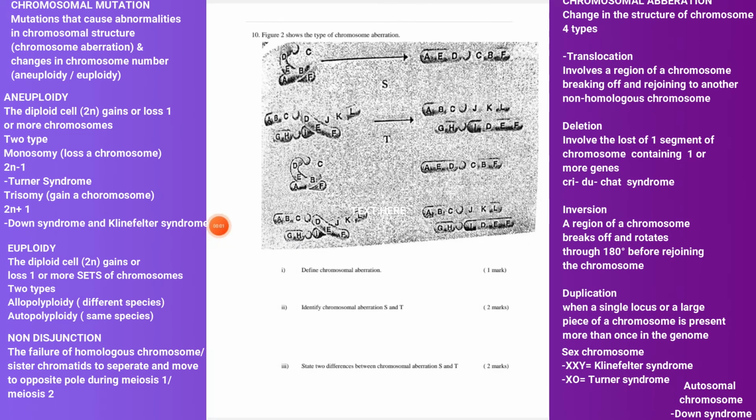Define chromosome aberration. Chromosome aberration is a change in chromosomal structure. I repeat again, there are two types of mutation in chromosomes. The first, based on structure, we call chromosome aberration, and the second is chromosomal number, either aneuploidy or euploidy.